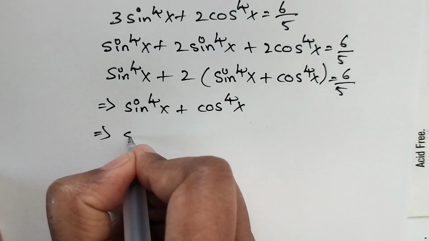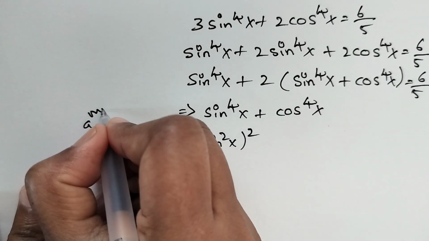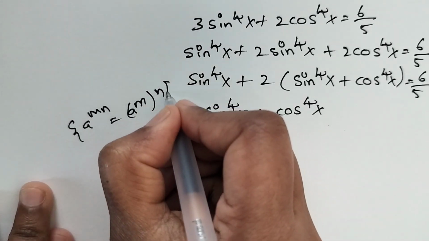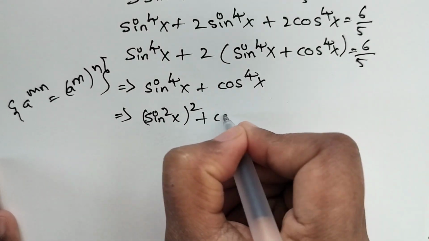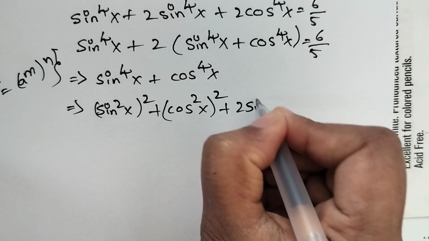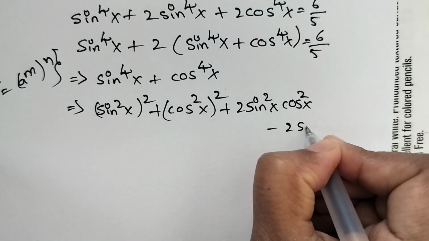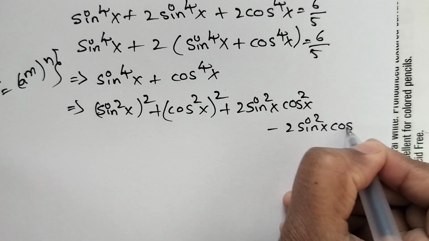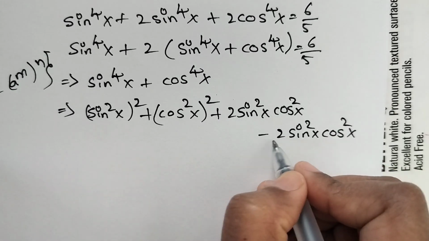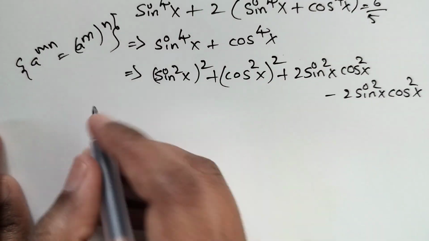Here we can write (sin²x)² using the formula a^(mn) = (a^m)^n, plus (cos²x)², plus 2 sin²x cos²x minus 2 sin²x cos²x, which is equal to 0. So we can write like that.